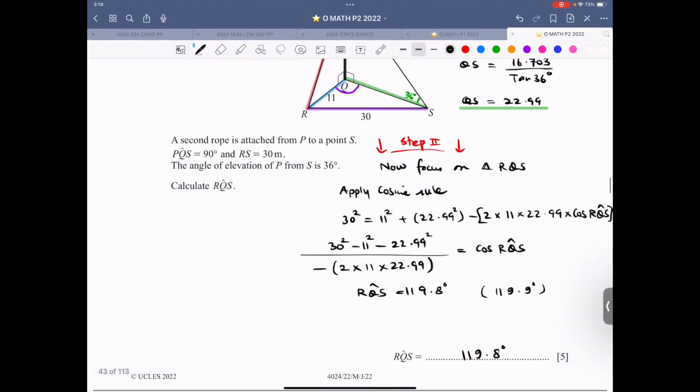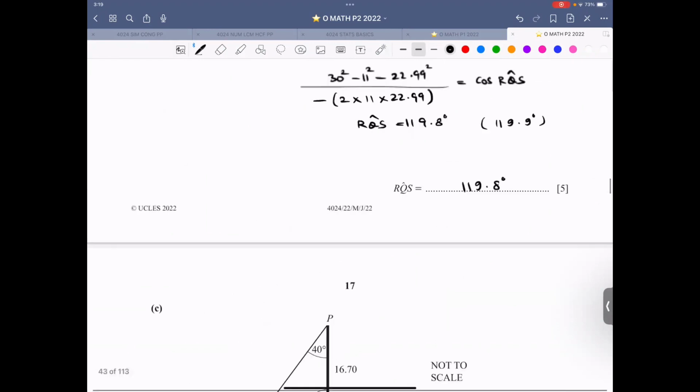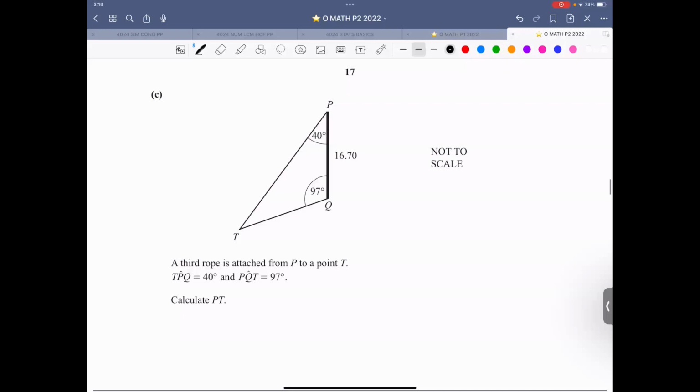That's the trigonometry part. Yes, there is more to it. And that was an application of cosine rule. So naturally, it has to be an application of sine rule, but with a twist. A third rope is attached. So that is this rope from P to T. The angles are given.